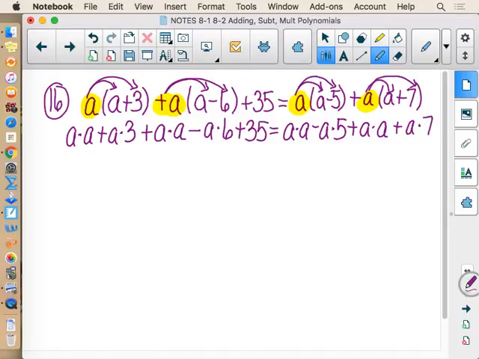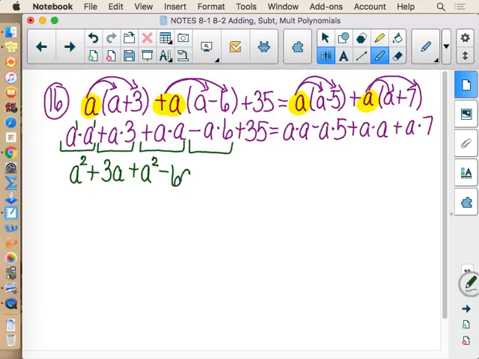If I go too fast, you just need to pause the video and catch up. We are in multiply mode, not adding mode at the moment. That term, that individual term, becomes a to the second plus 3a plus a to the second minus 6a plus 35.